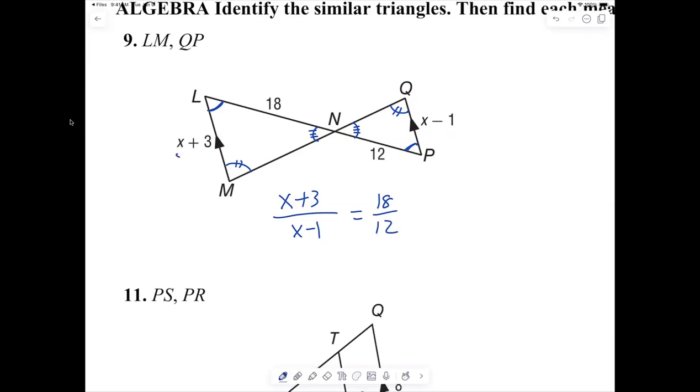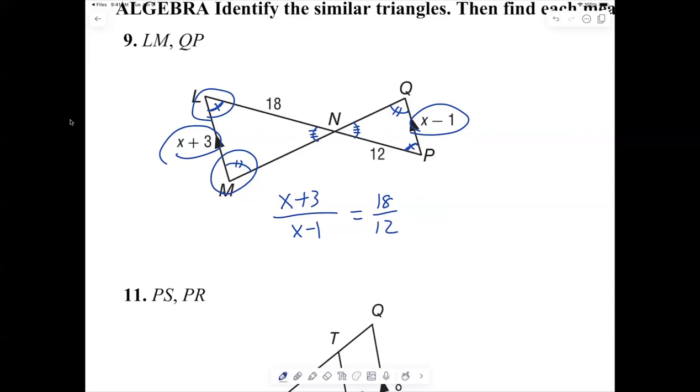Now notice x plus 3 is between 1 and 2. Do we agree with that? x minus 1 is between 1 tick mark and 2 tick marks. Everybody agree with that? 18 is between what tick marks? And so 12 is also between what?